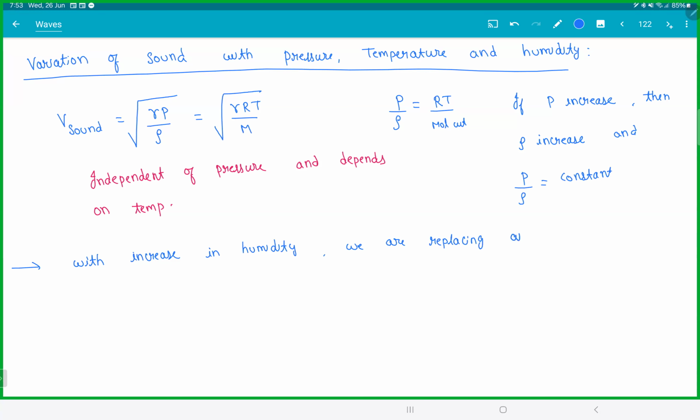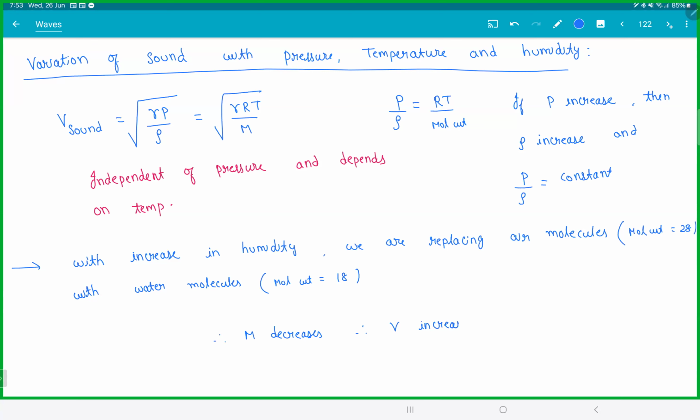You're replacing air molecules whose molecular weight would be around 28 with water molecules whose molecular weight is 18. Therefore, the m in the denominator decreases, so v increases.